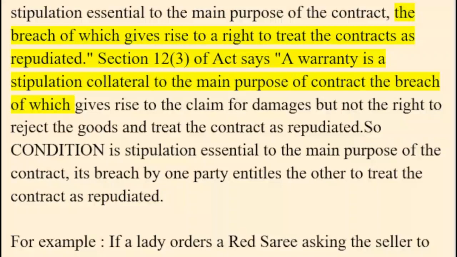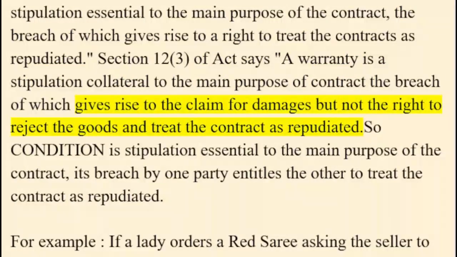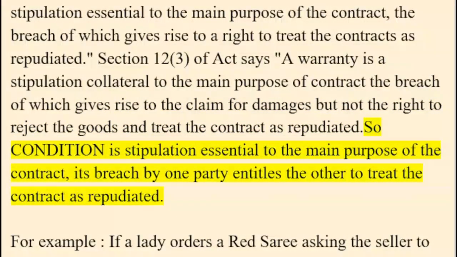Section 12(3) of the Act says, a warranty is a stipulation collateral to the main purpose of the contract, the breach of which gives rise to a claim for damages but not the right to reject the goods and treat the contract as repudiated. So a condition is a stipulation essential to the main purpose of the contract. Its breach by one party entitles the other to treat the contract as repudiated.